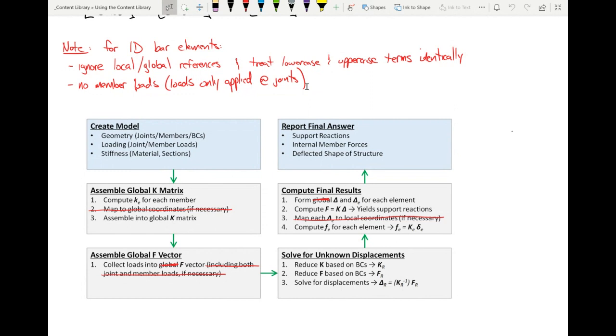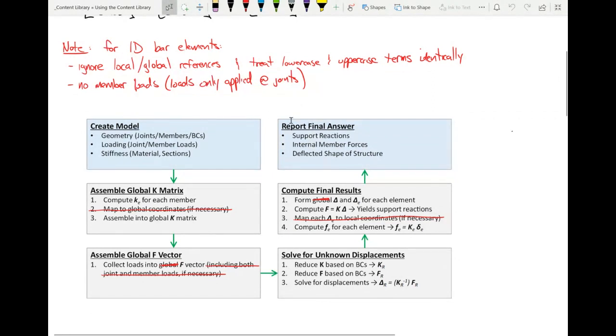That doesn't mean a lot now, but it'll mean a lot more later on in the lecture. So we've ignored everything with local and global, and that goes to a terminology perspective. Anytime I have a lowercase letter, that refers to local, and global is an uppercase letter, but that doesn't matter for bar elements. And we don't have any member loads, so there are only loads applied to the joints.